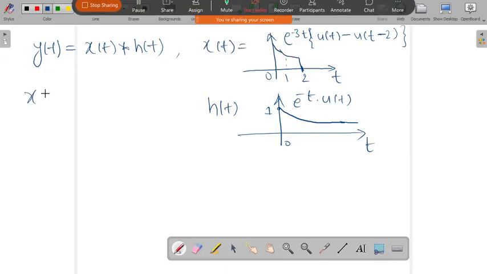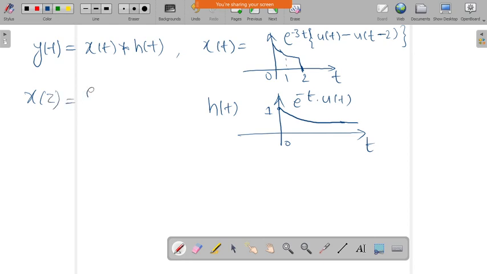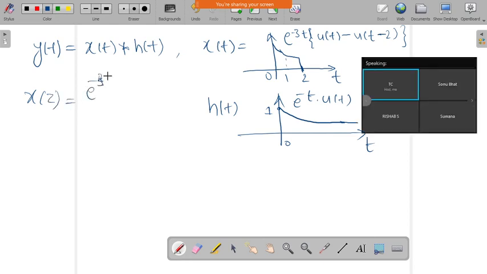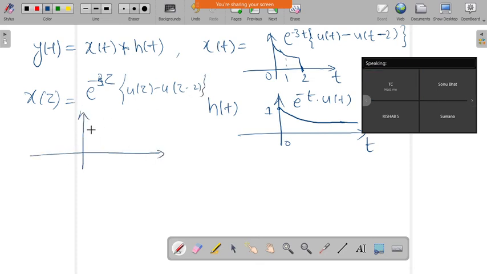Now what is your x of tau? It is nothing but e power minus 3 tau into u of tau minus u of tau minus 2. Now h of tau.